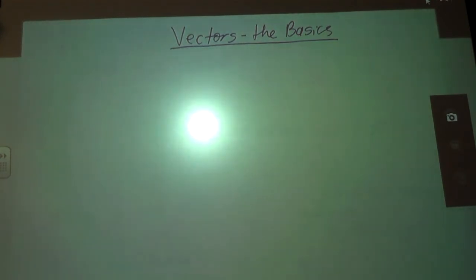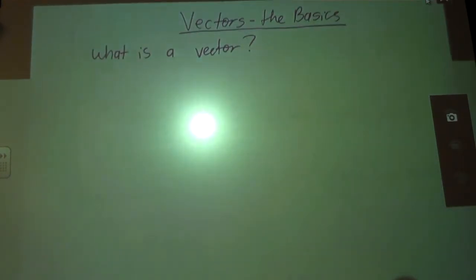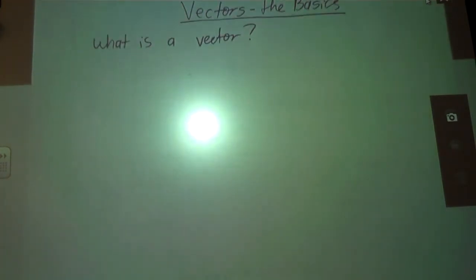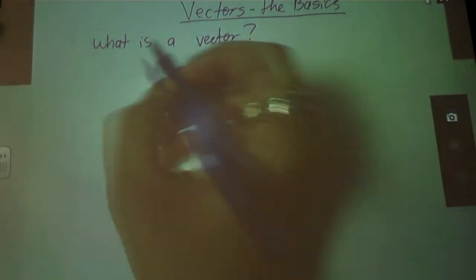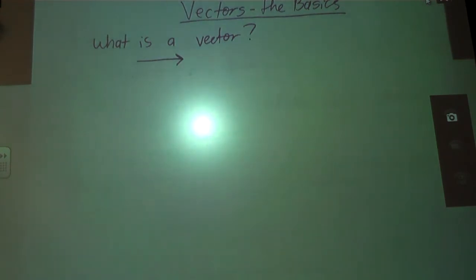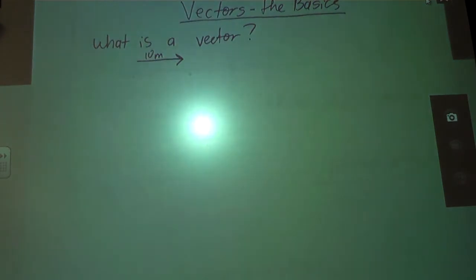So the first thing that I wanted to talk about are vectors, just a basic introduction to what a vector is. Well, a vector, by true definition, is something that has both a direction and a value. So if you are walking that way, that's a vector. If you say that you walk 10 meters that way, it's a vector.